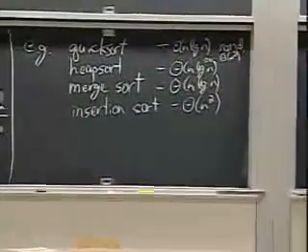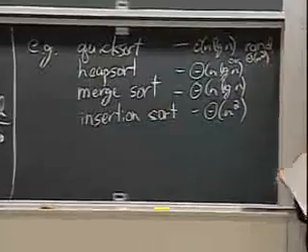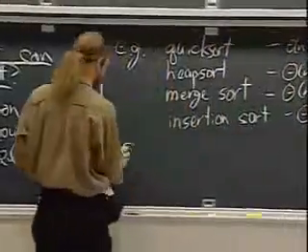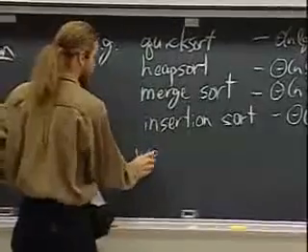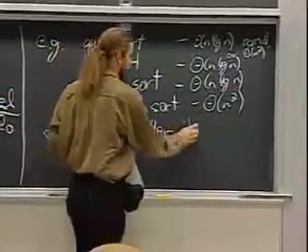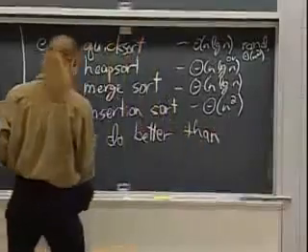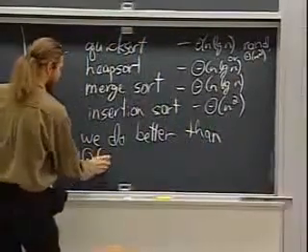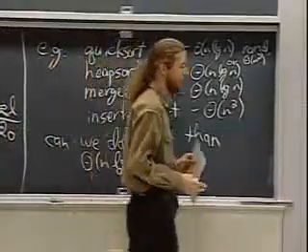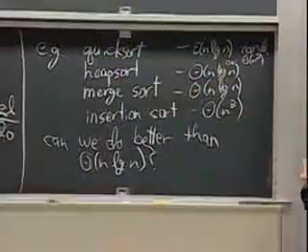Okay. All of these algorithms run no faster than n log n, so we might ask, can we do better than n log n? And that's a question in some sense we'll answer both yes and no to today.